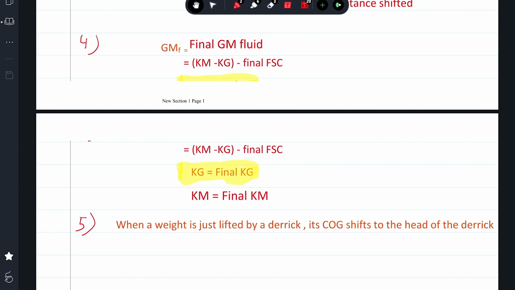So when you lift by derrick, it is like the cargo has shifted vertically upward, and that will be the difference between the two KGs. I have some questions which came in the last papers on this derrick topic. We will solve them, so it will become very clear what to do with these questions.